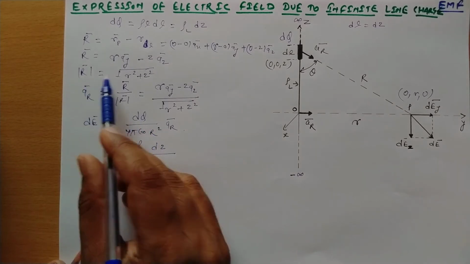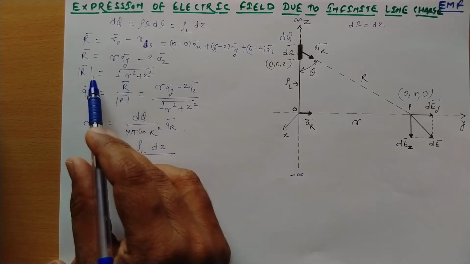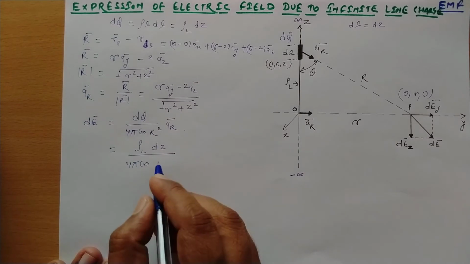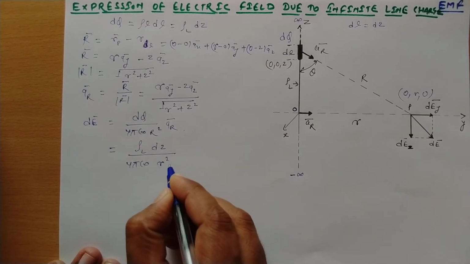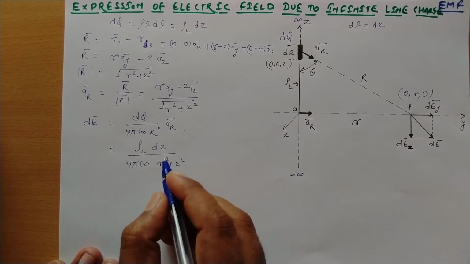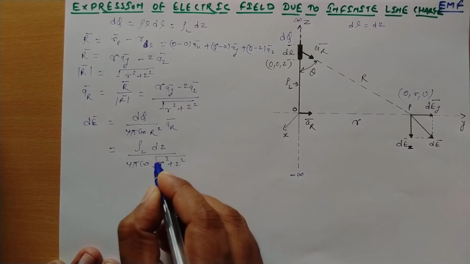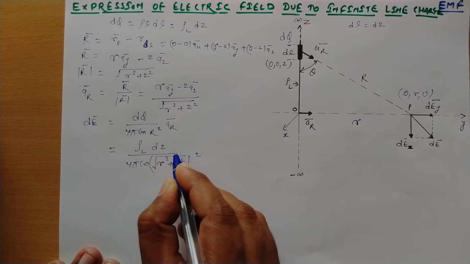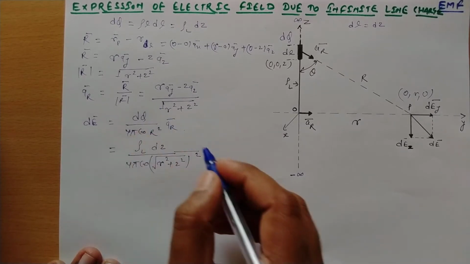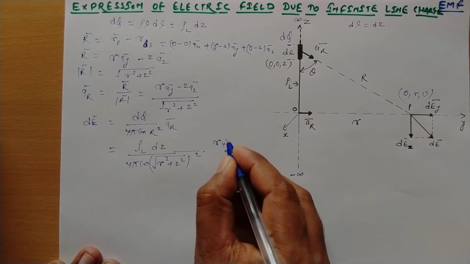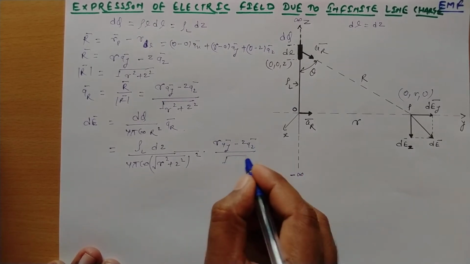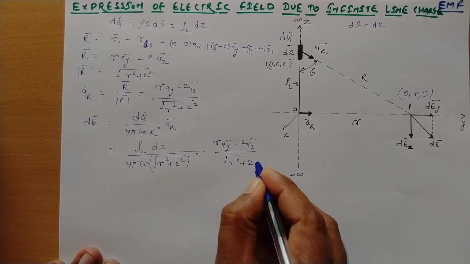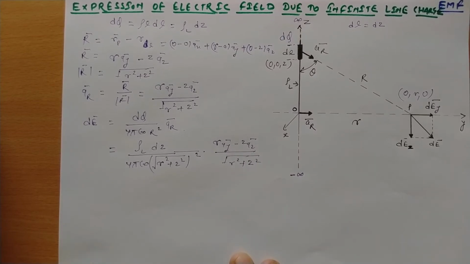Since the mod we had taken is r squared plus z squared, taking the square of this, it becomes (r squared plus z squared) mod and the whole squared, and the unit vector, as we have found, is given as (r a_rho minus z a_z) divided by the square root of r squared plus z squared.